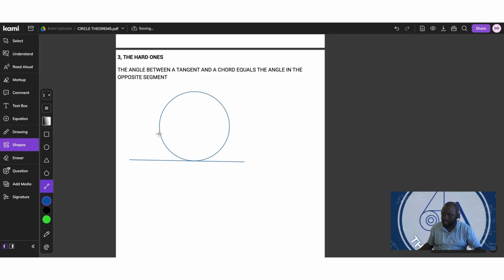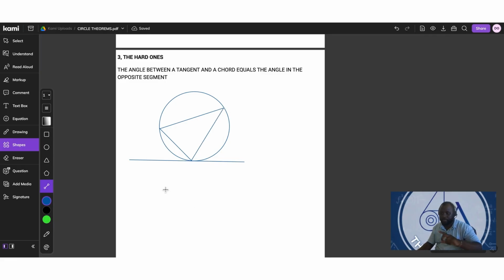So that is a tangent. And then we draw a chord. So we have an arc like that. So this chord makes an angle with the tangent, and this extends to make another angle at the other end like that.